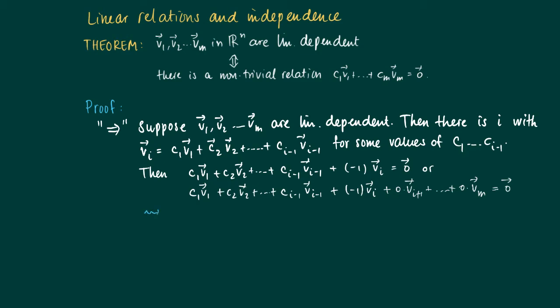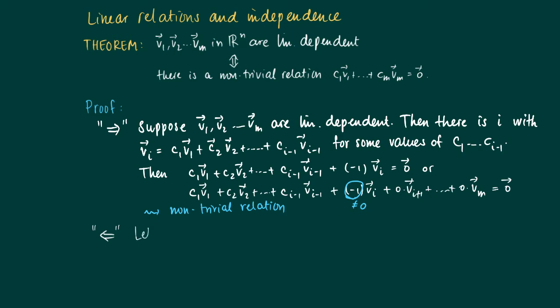So this gives rise to the 0 vector, and we have a non-trivial relation, due to the minus 1, which is non-zero.